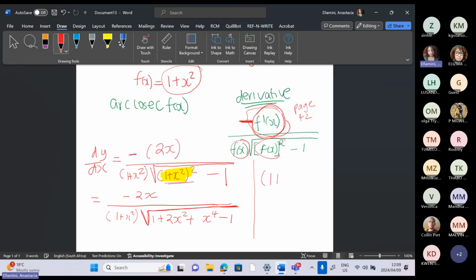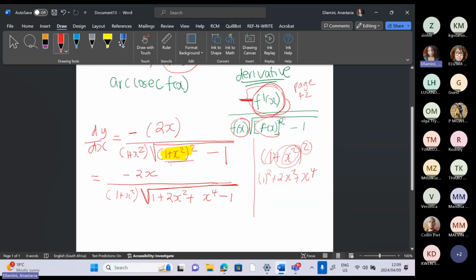I don't open brackets. You first square the first term, taking it the way it is with its sign. Then you say plus 2 times this times that, so it's 2 times x squared times 1, which is 2x squared. Then you square the last term the way it is with its sign, which is to the power of 4. So that's how I do it, and that's how it's quicker.